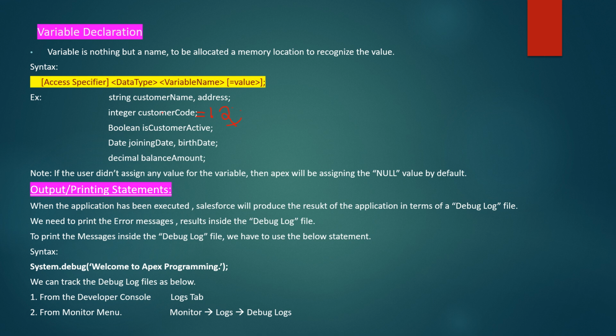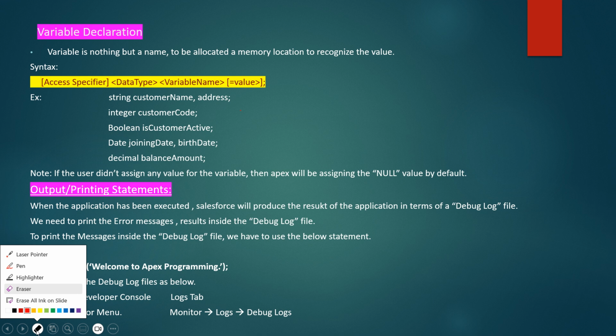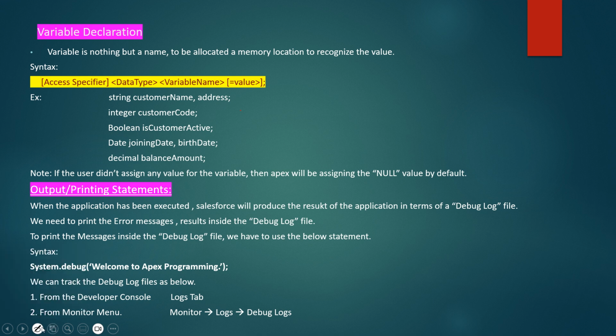I just gave customer code equals 12, so Apex understands this customer code is 12. If we have not provided any value to that particular variable, then by default it assigns a null value. That is the meaning of this statement. So if the user didn't assign any value to the variable, Apex will assign the null value by default. So, we have learned almost the basics of Apex programming.